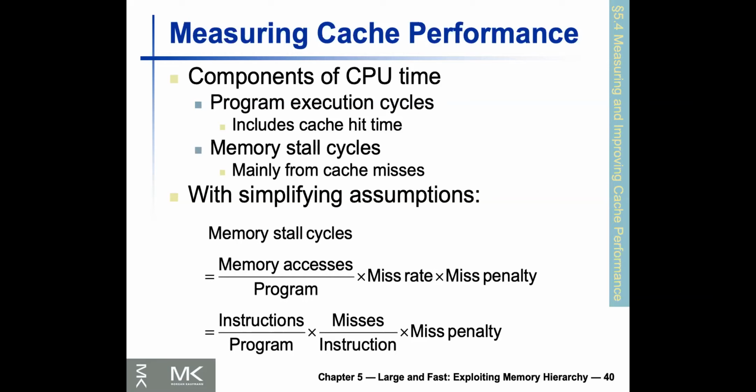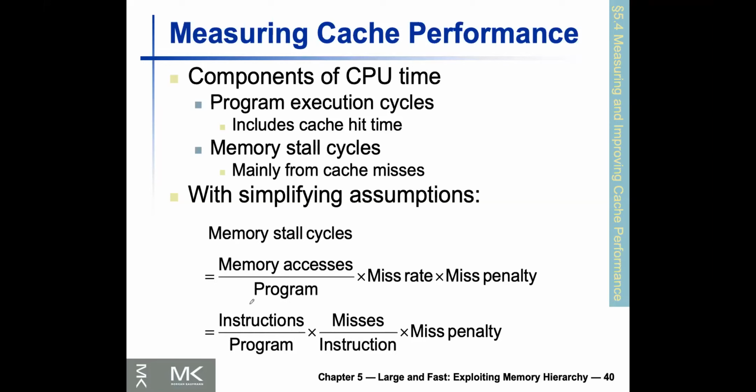Then we're gonna have some memory stall cycles, which we will use mostly for cache misses. We weren't able to hit, so we have to stall, and it is dependent on the number of times we miss.